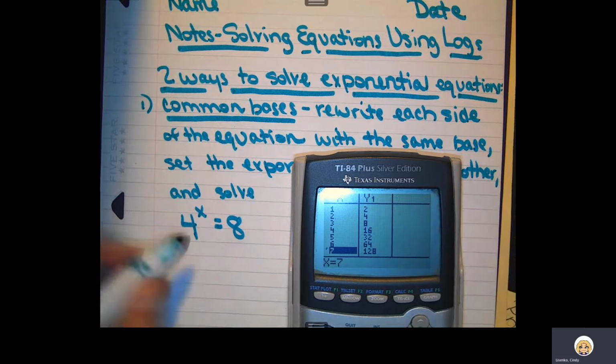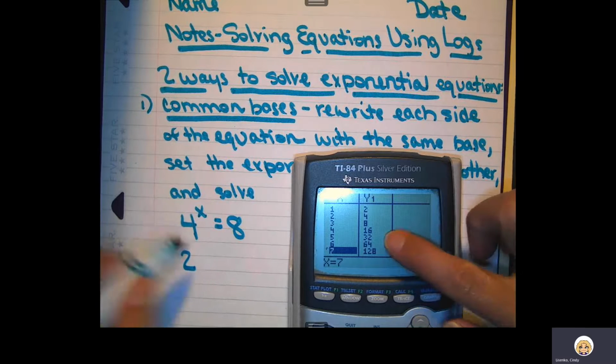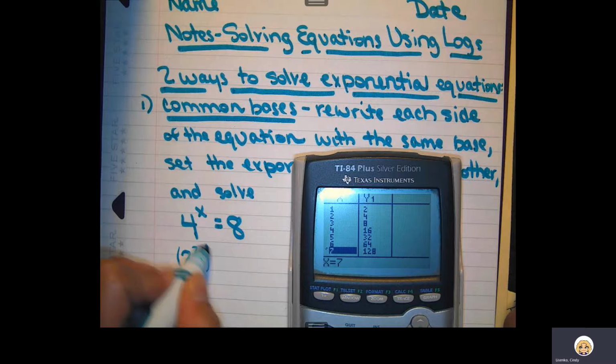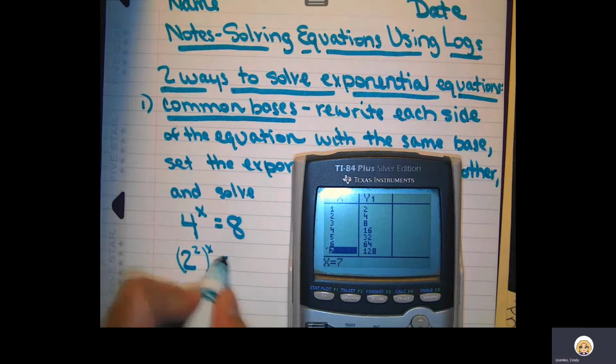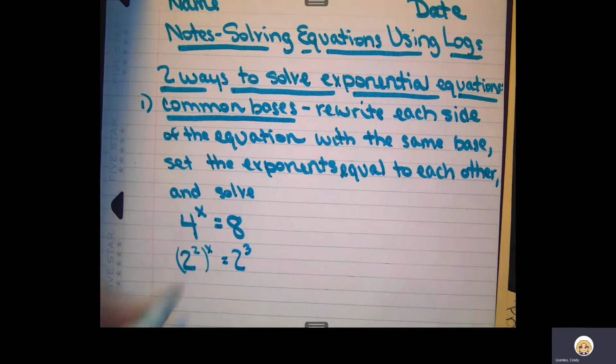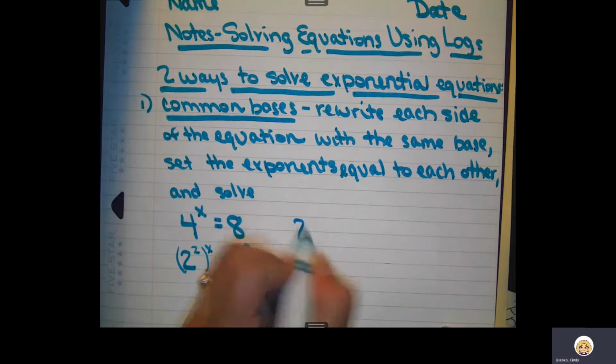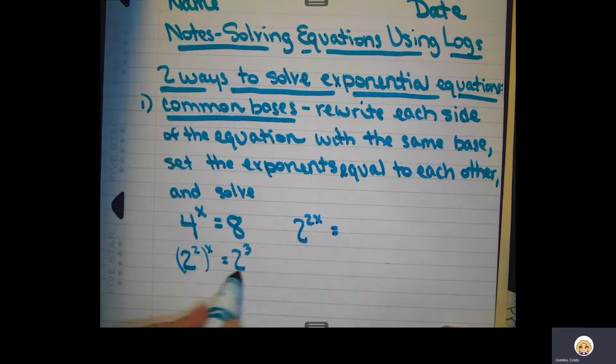So I'm going to change these both to powers of 2. This 4 to the x becomes 2 squared with an x on the outside. This 8 becomes 2 to the third. Next, I get rid of my parentheses. So this becomes 2 to the 2x power, and this is just 2 to the third.